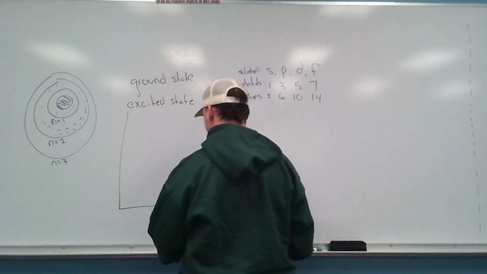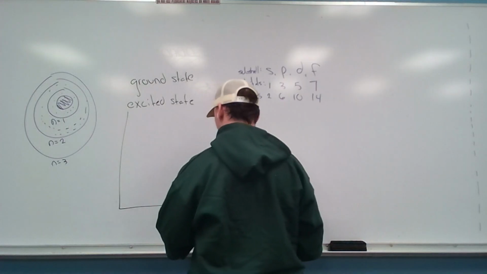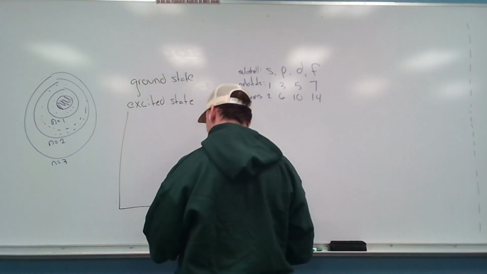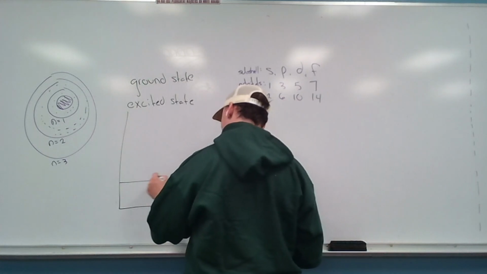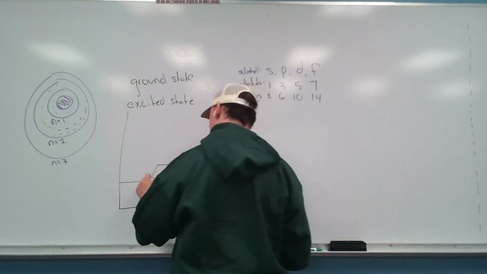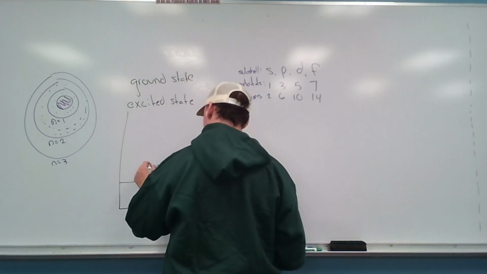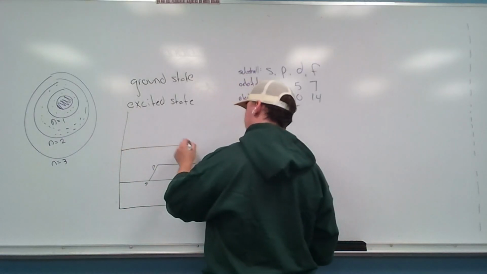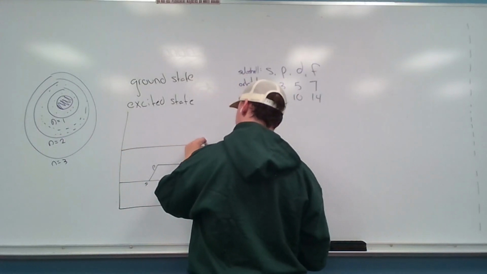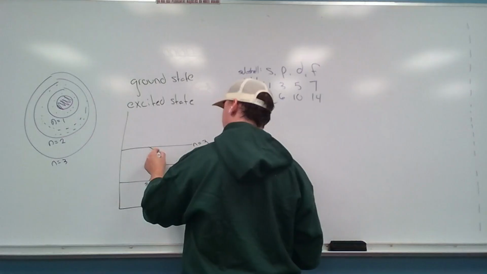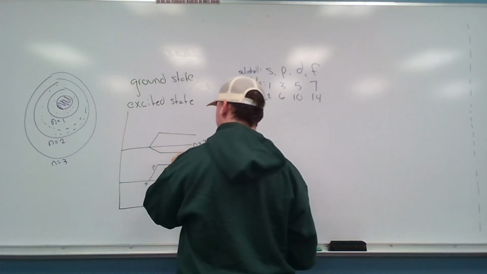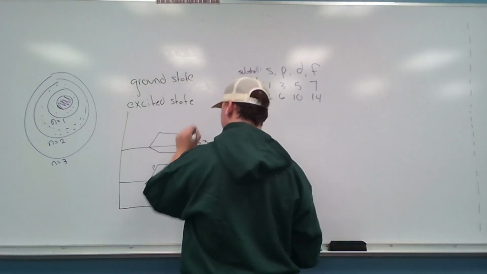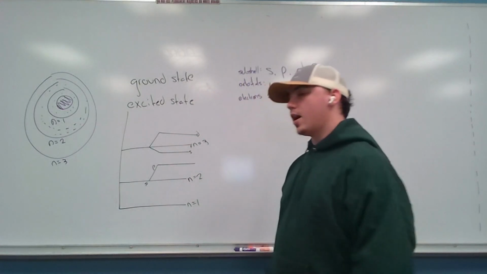Remember, this is n equals 1, and it's s, and then n equals 2, and it's going to have s and p, and then n equals 3, and that's going to be s, p, and d. Now we're going to see how much it's going to fill up.